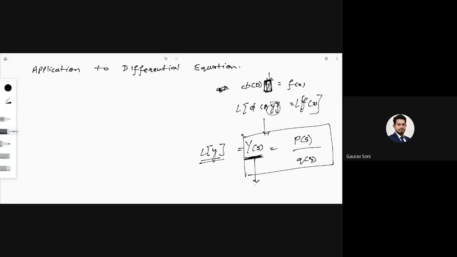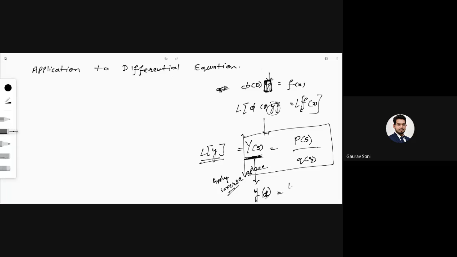Now, what I need to find is y. Capital Y(s) is nothing but the Laplace transform of it. So now I will apply the inverse Laplace. When I take the inverse Laplace transform of capital Y(s), we get small y of t or x.